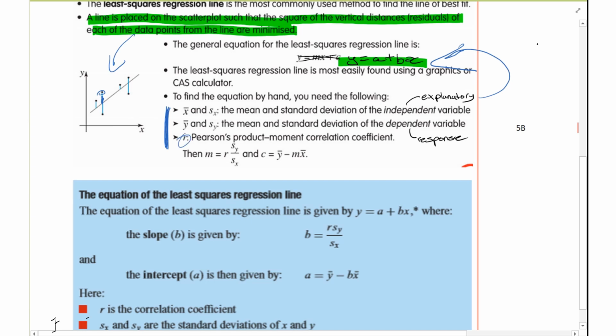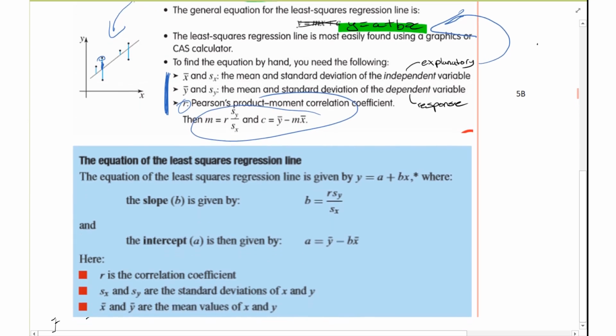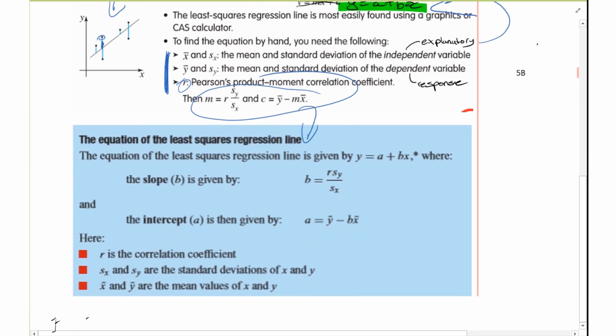We've got r, which is Pearson's product moment correlation coefficient, and we have these two equations, which you're going to use here. I'd put something like this into your summary book. Quite important, because this is the form you need.